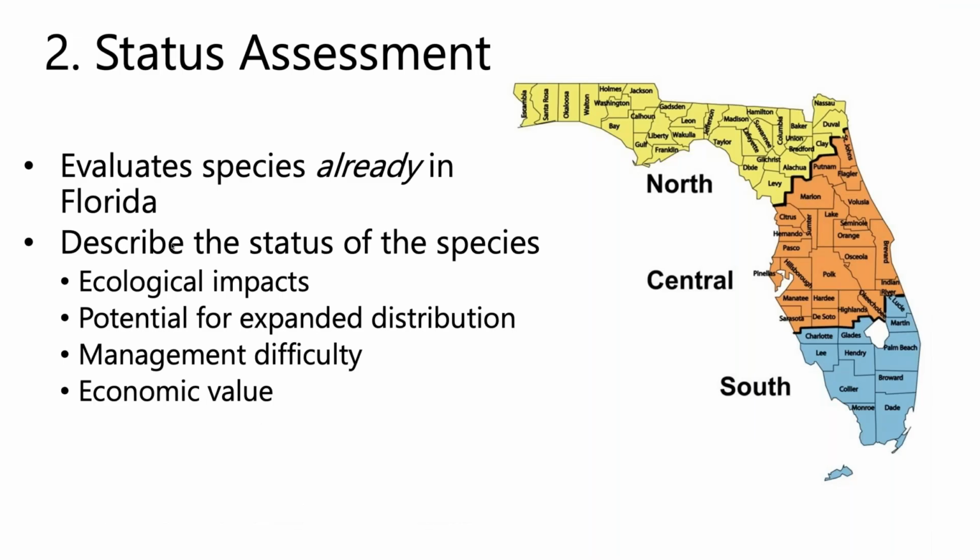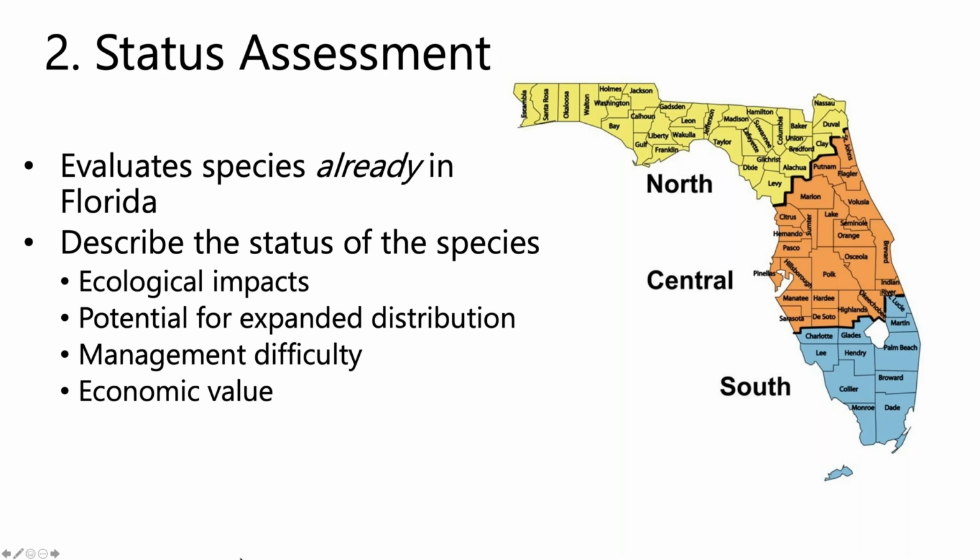Our second tool is the status assessment. And again, this is for species that are already here. We have the state divided into 3 zones because, as you can imagine, it would be very different climate conditions in the Panhandle versus South Florida or the Keys. And you can have different conclusions for each of these zones.